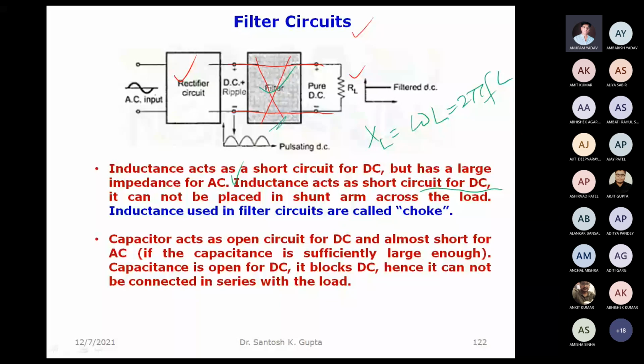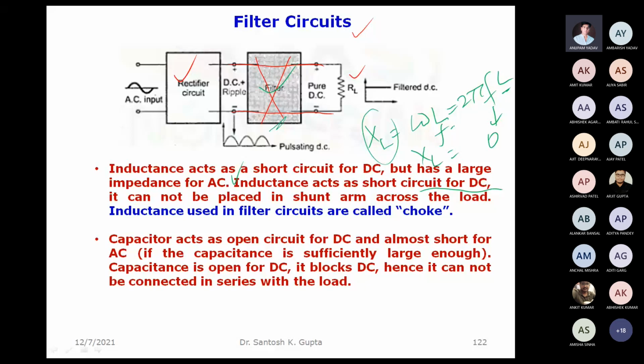So if frequency is increasing for a given value of the inductor, XL will also increase. For high frequency components, any inductor is going to give a high impedance, whereas if the frequency is 0, then XL will become 0.